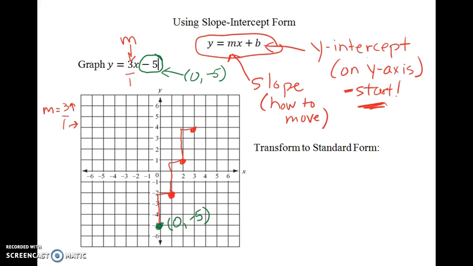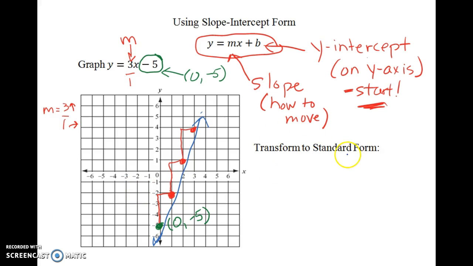So all of these points together create our line. So if I were to draw my line, there you go. Okay, so that's our line. That's how we use the equation in slope-intercept form to create a graph.